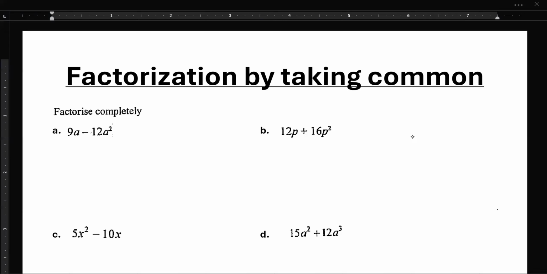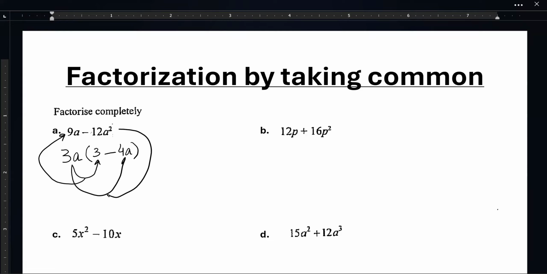So now I'm going to take common from here. It's going to be 3, along with a with the smallest power 1. So what I have now is 3 minus 4a. Remember, if I expand the bracket, I must get the original term.